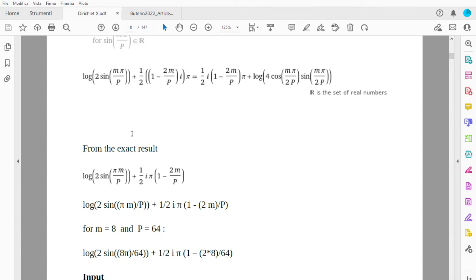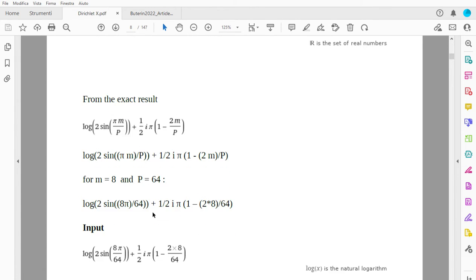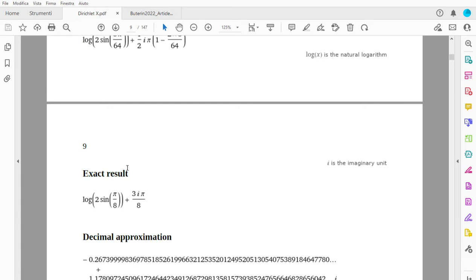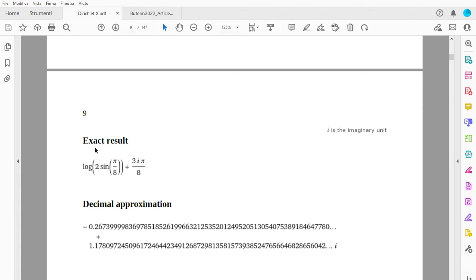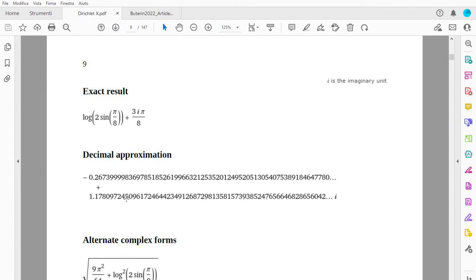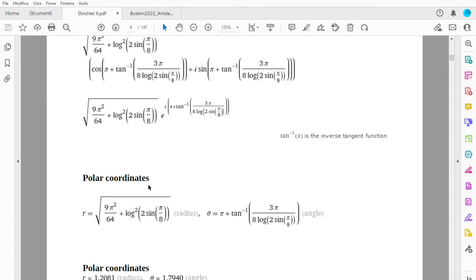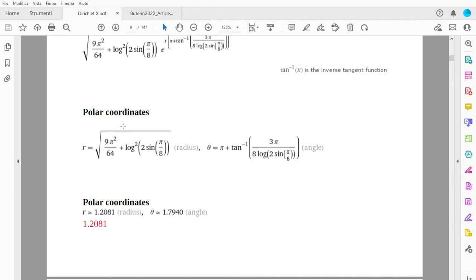Now, from the exact result that we have seen above, for m equal to 8 and p equal to 64, we obtain this exact result. The following exact result. In polar coordinates, we have the following value.